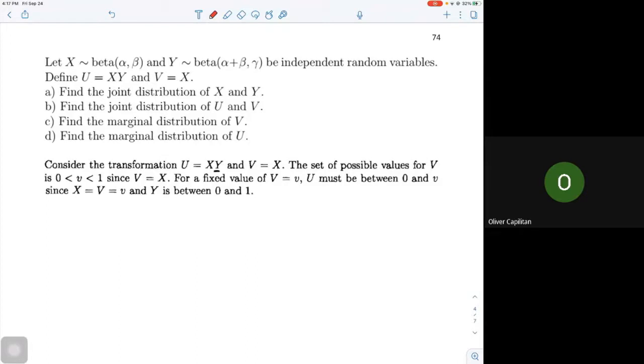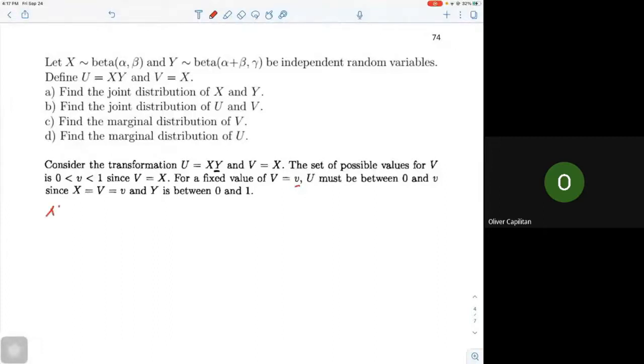Then for a fixed value of v, say small v, u must be between 0 and v, since we know that x is equal to v, and y is between 0 and 1.